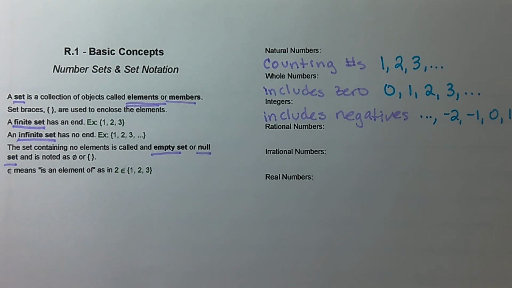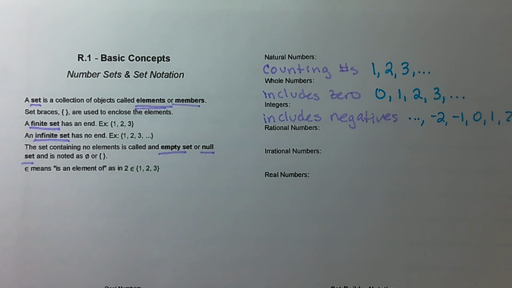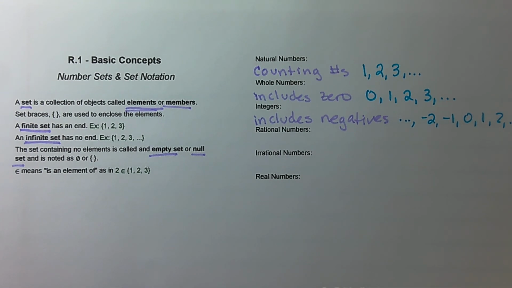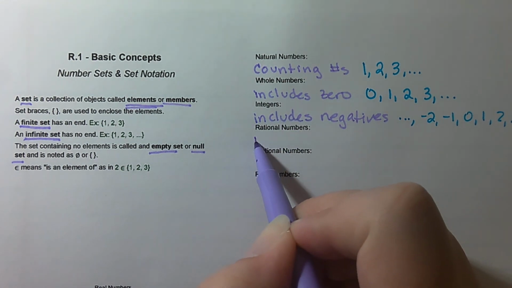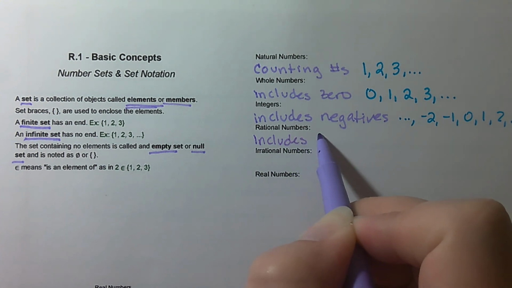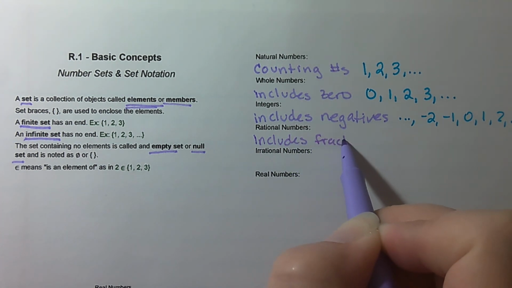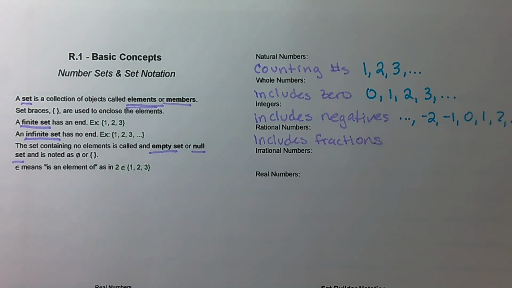Rational numbers, then, are when we include fractions. This means that you have some decimals.